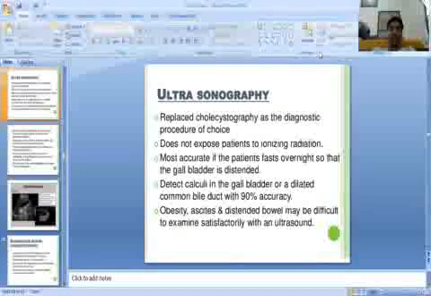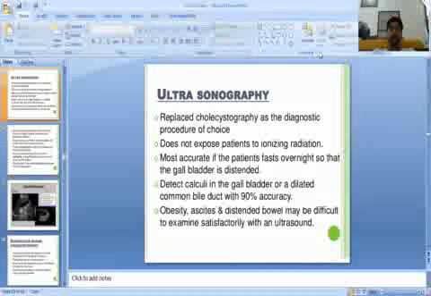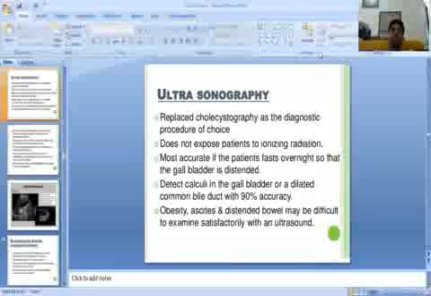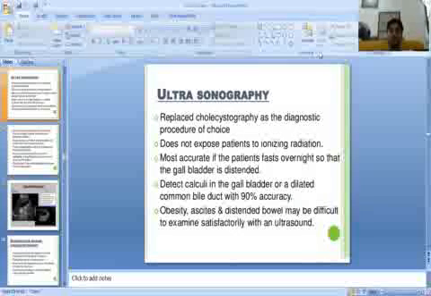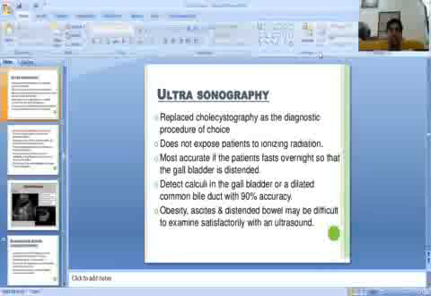It does not expose the patient to ionizing radiation. It is most accurate if the patient fasts overnight so that the gallbladder is distended. It detects calculi in the gallbladder or a dilated common bile duct with 90% accuracy.